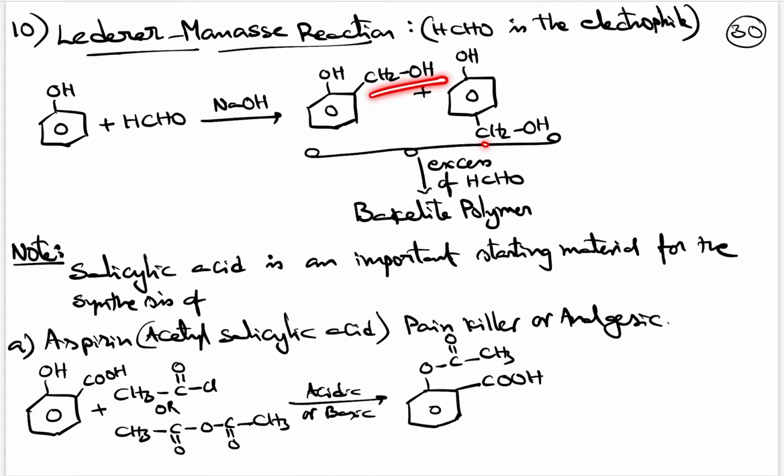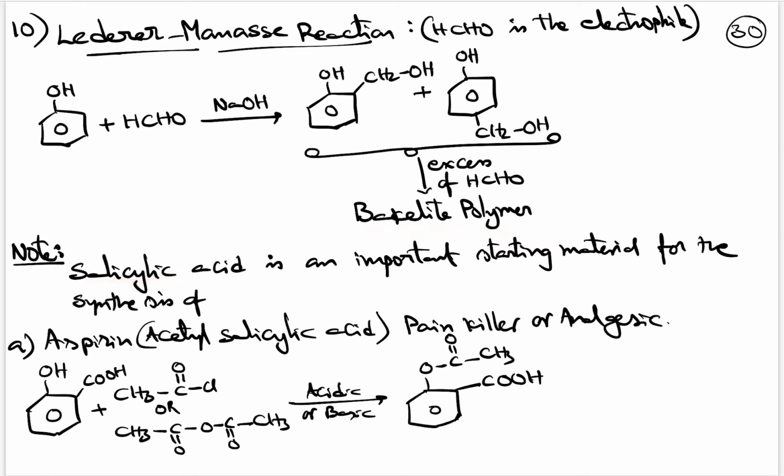Now this CH2OH at ortho or para position, when such a mixture is treated with excess formaldehyde, reaction will happen here, here, here, like in all the three ortho and para positions, excess formaldehyde will react, and the species formed at the ortho and para positions will be linking with one another in presence of excess formaldehyde to form a bakelite polymer.